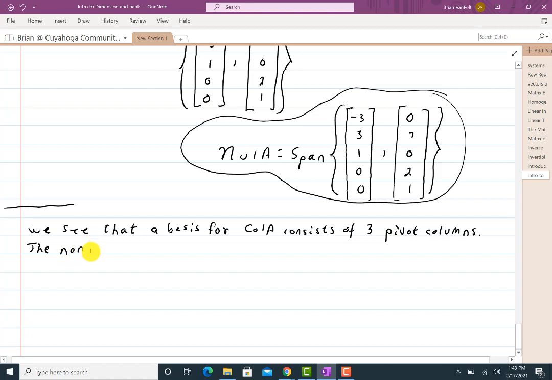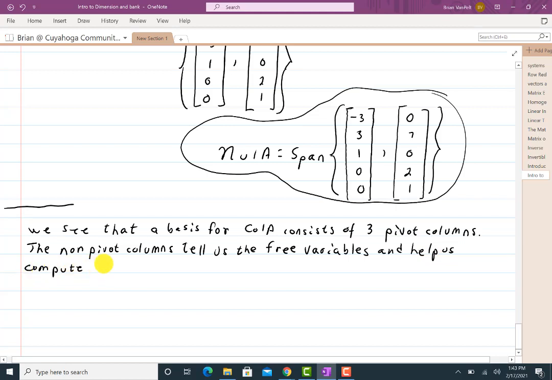The non-pivot columns tell us the free variables, and help us compute Null A. Notice that Null A had 2 vectors in its basis.